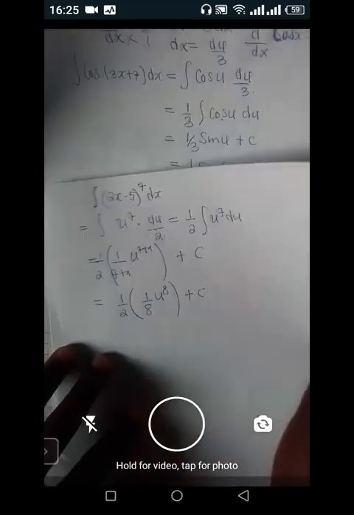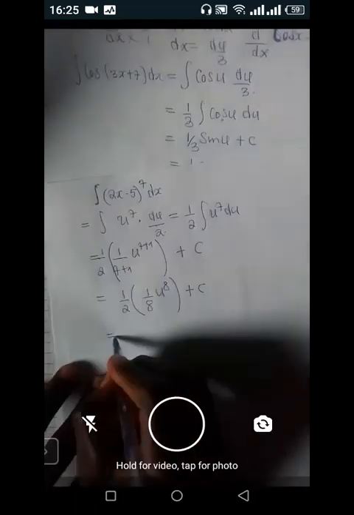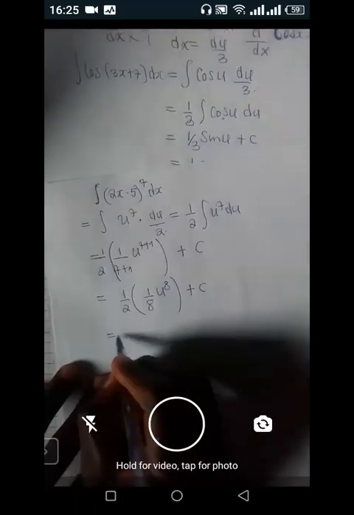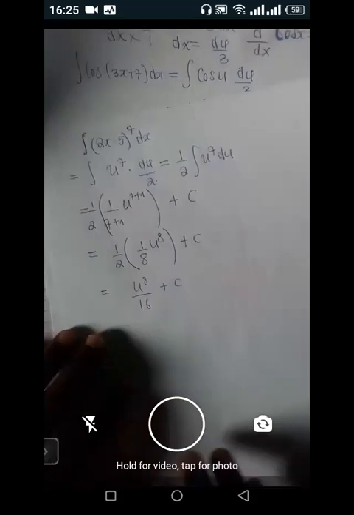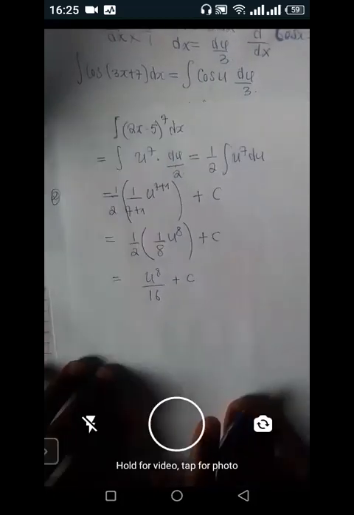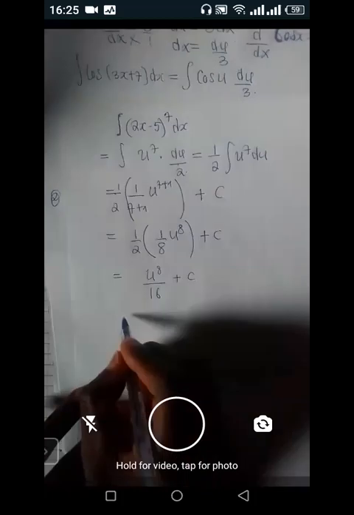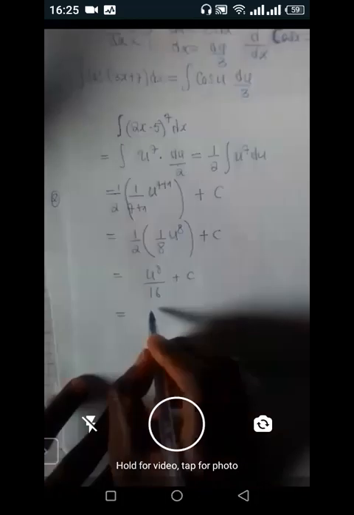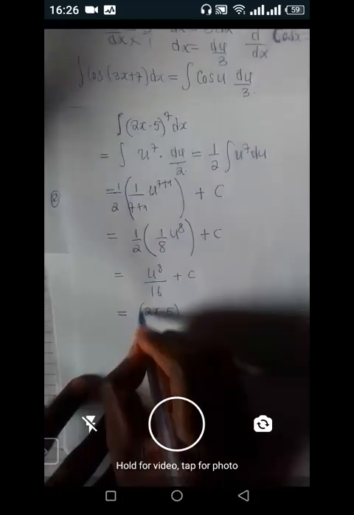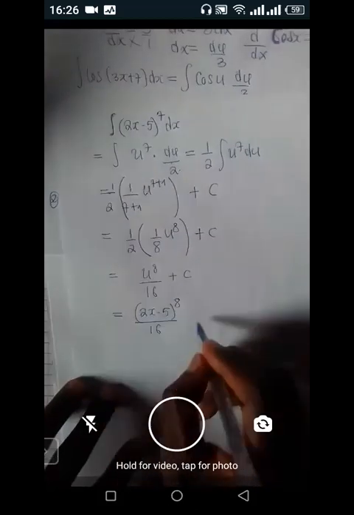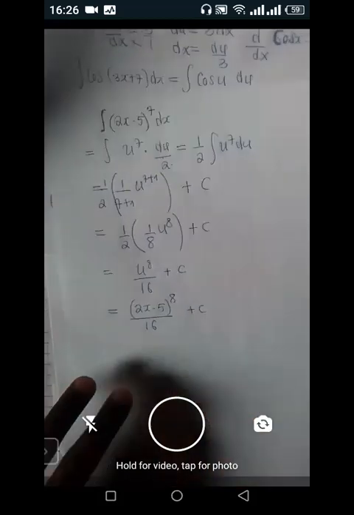Then this is u to the power 8 over 16 plus c. But you know what your u is. The u is simply 2x minus 5. So this will be 2x minus 5 to the 8, all divided by 16, then plus your constant c. That's what you get there.